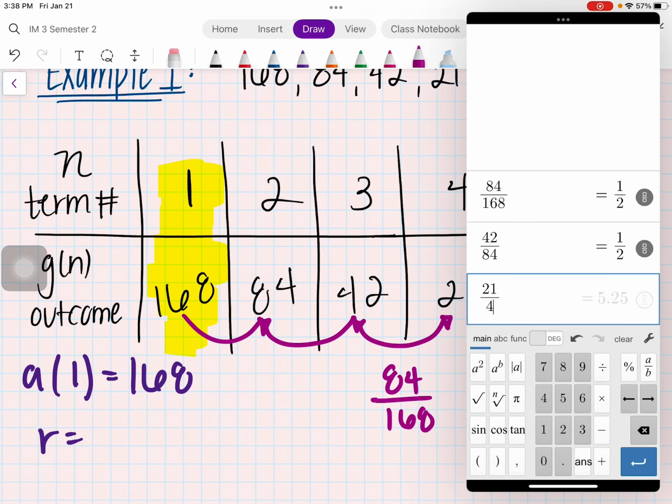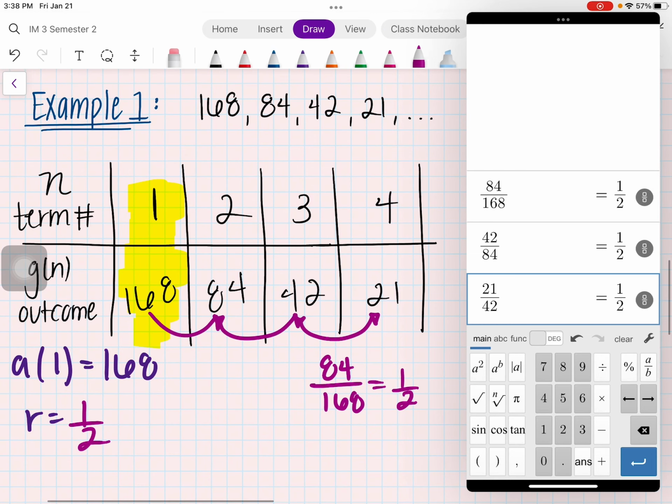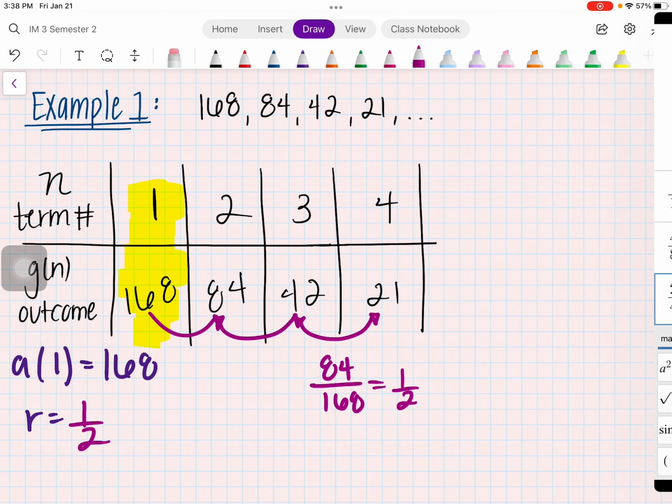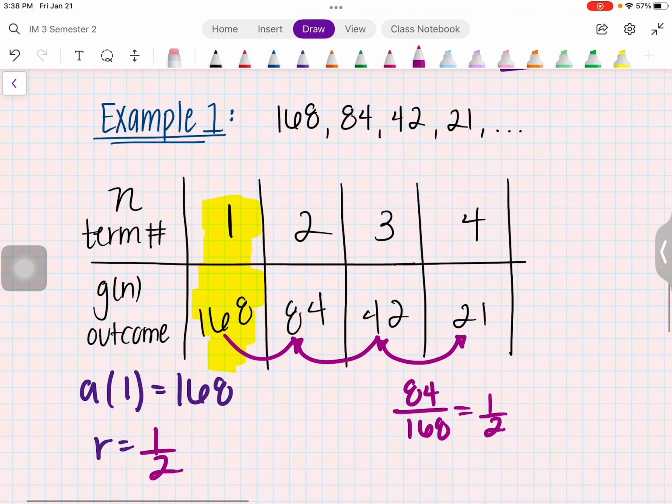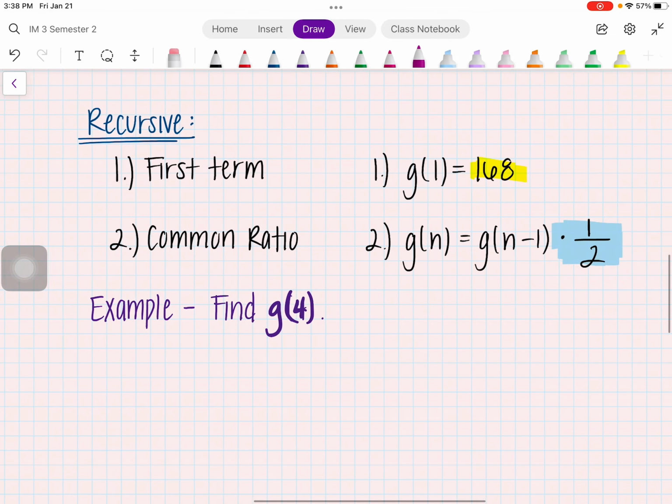Or I could do 42 divided by 84, 1/2. Or 21 divided by 42, still 1/2. All right. So in this case, guys, our common ratio here is going to be 1/2. So we're basically multiplying by 1/2. Although we could consider it division, we're not going to be dividing in this case. We'll be multiplying, but in this case by a fraction.